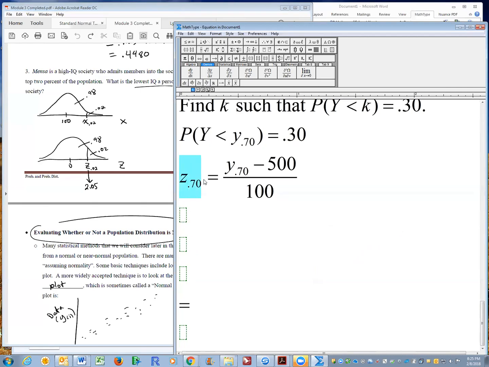So what was this z value here? 0.52. I think it should be negative.